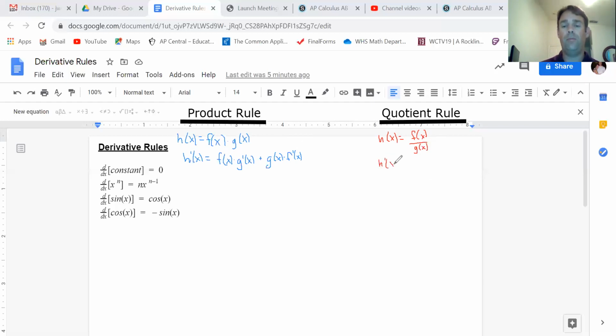It's going to be the bottom function times the derivative of the top function, minus the top function times the derivative of the bottom function, all over the bottom function squared.